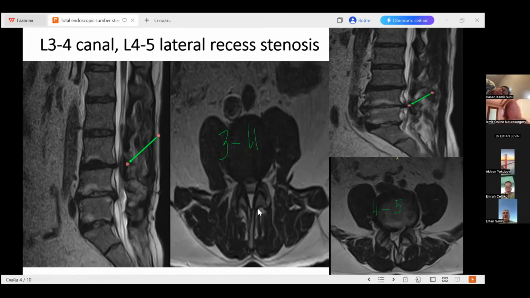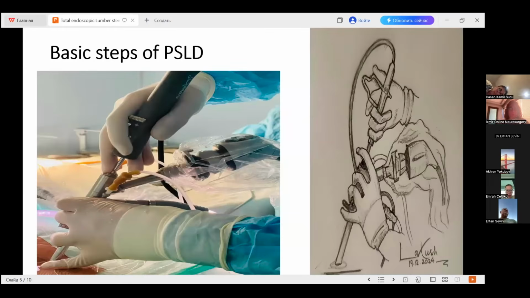This part we have to approach. At L4-5, the previous open surgery did only one side decompression, but there is still stenosis here. My plan is L3-4 bilateral decompression and L4-5 only ipsilateral decompression.